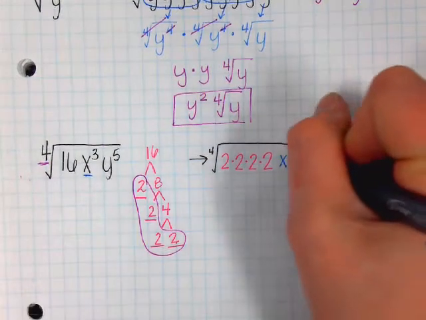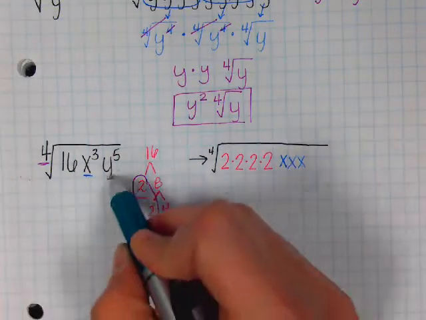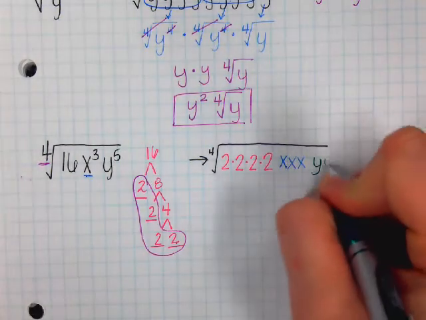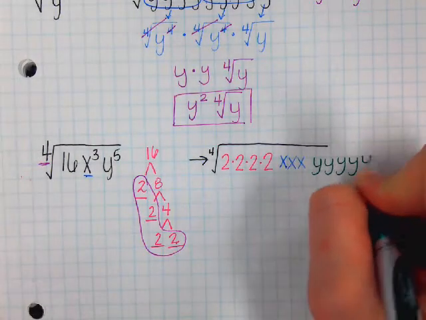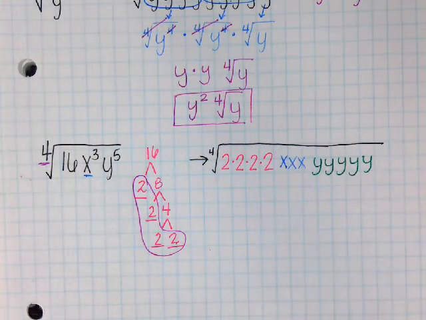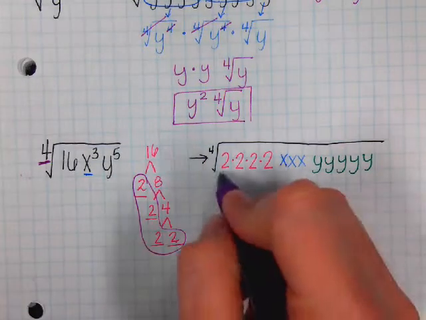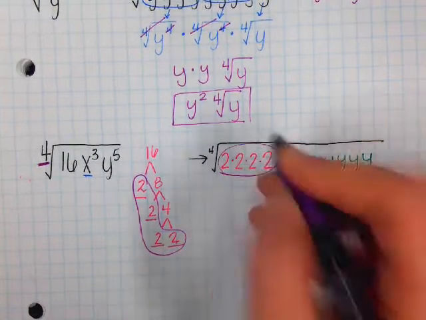And then if we look at the x cubed, it's going to be x times x times x. And then if we look at the y to the fifth, it's y 1, 2, 3, 4, 5 times. Extend that.